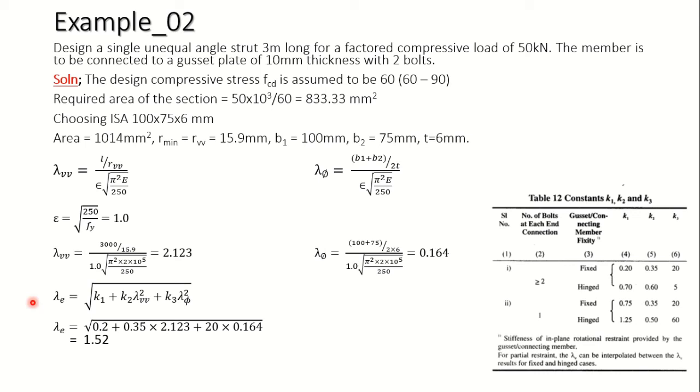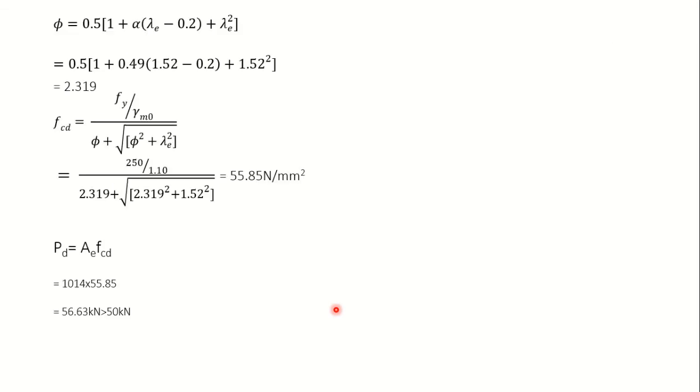Okay, so on substituting the K values and lambda VV and lambda phi values in lambda E, which is given by root of K1 plus K2 into lambda VV square plus K3 into lambda phi square, this will be the value of lambda E, 1.52. On getting this lambda E, go for calculating phi value, which is given by 0.5 into 1 plus alpha into (lambda E minus 0.2) plus lambda E square.